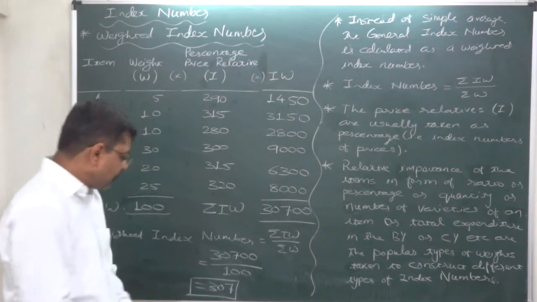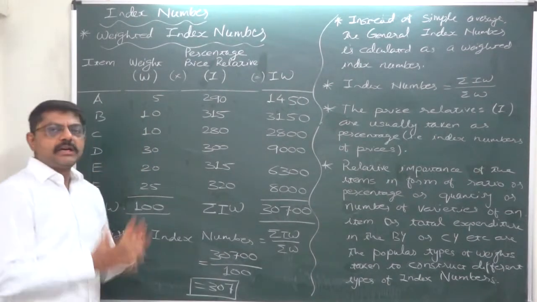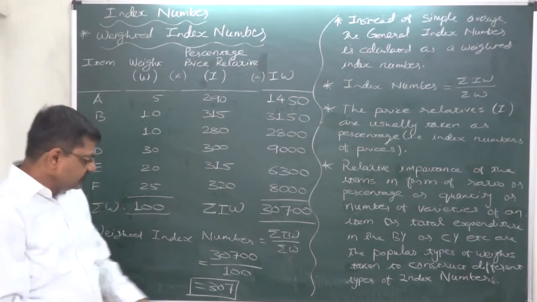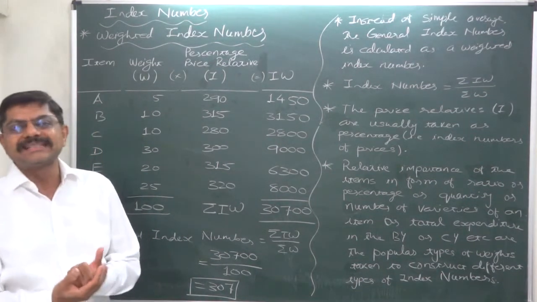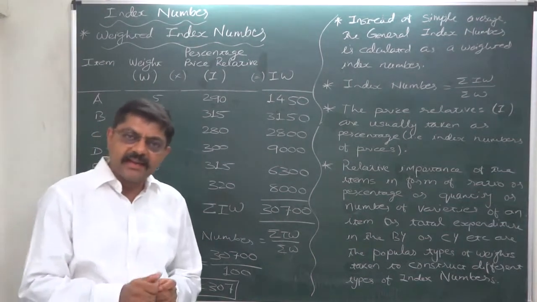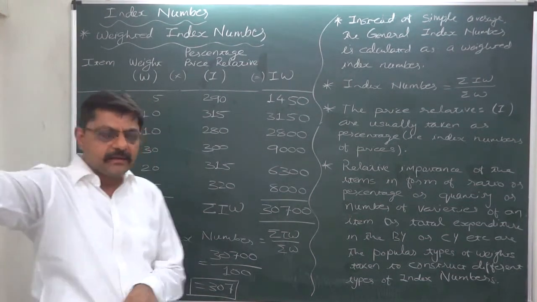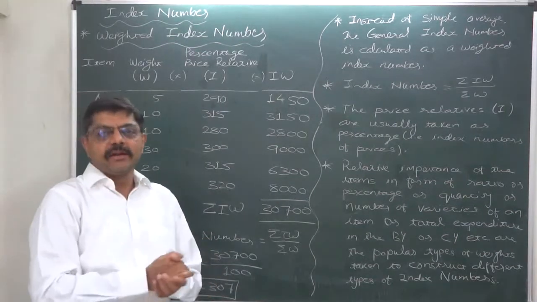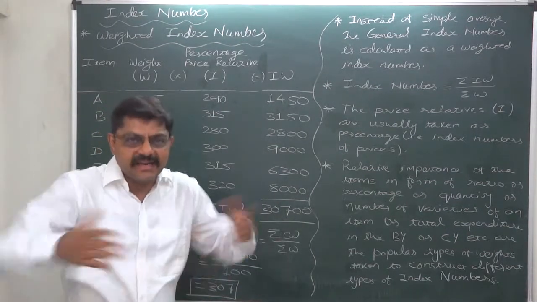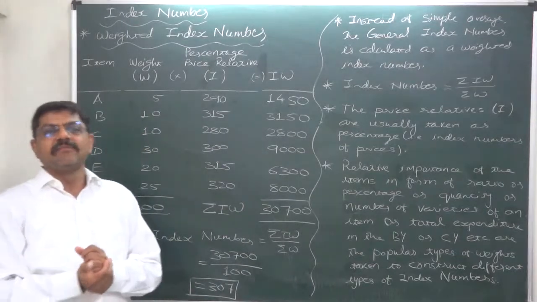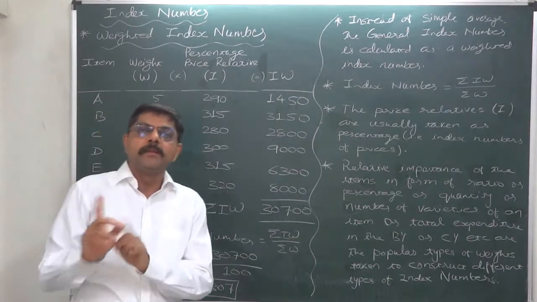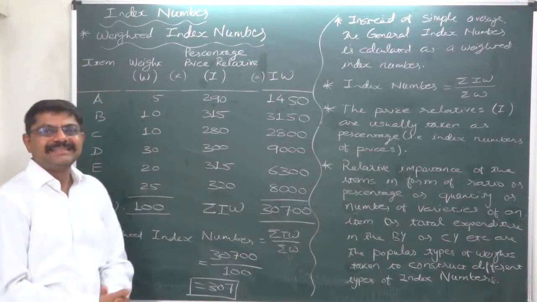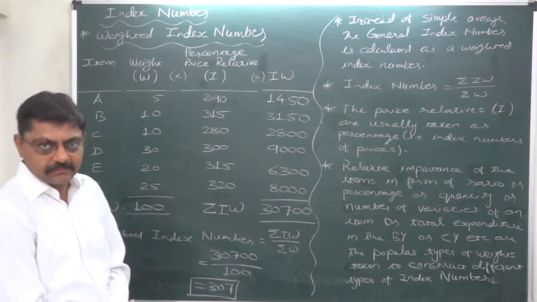As compared to the base year, in the current year, the overall price is increased by 207%. If we take that they were 100 in the base year, they are now 307. So an increase of 207%, a general price rise of 207% as compared to the base year in the current year. This can be the interpretation of this index number or any general index number.